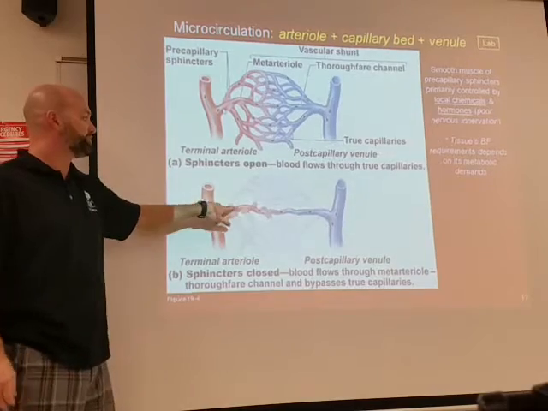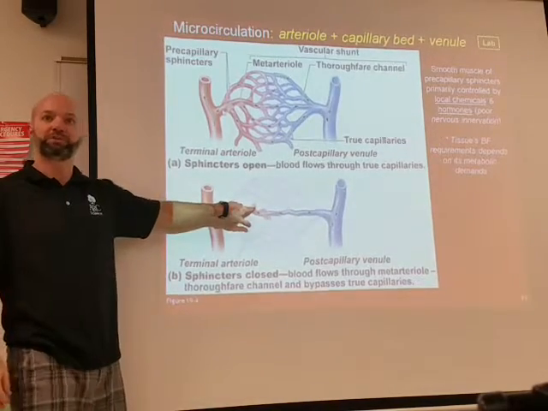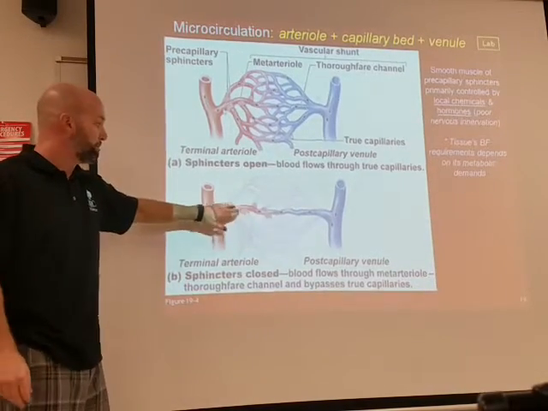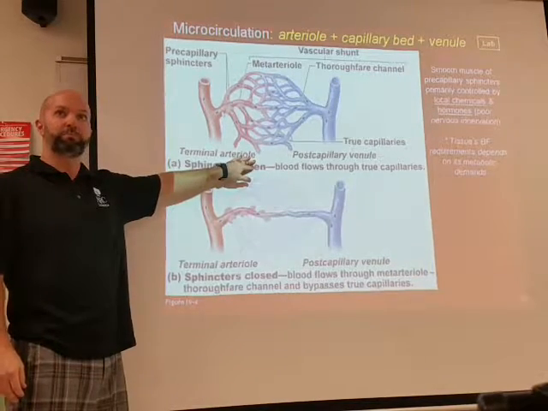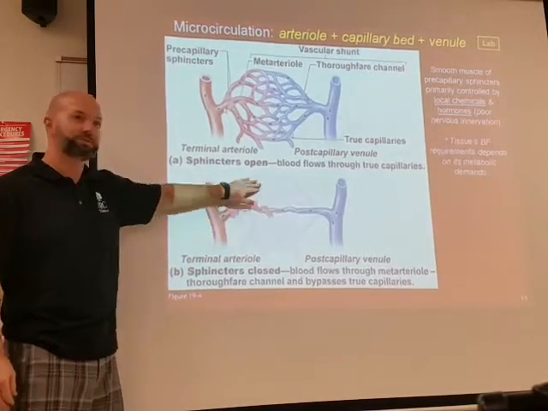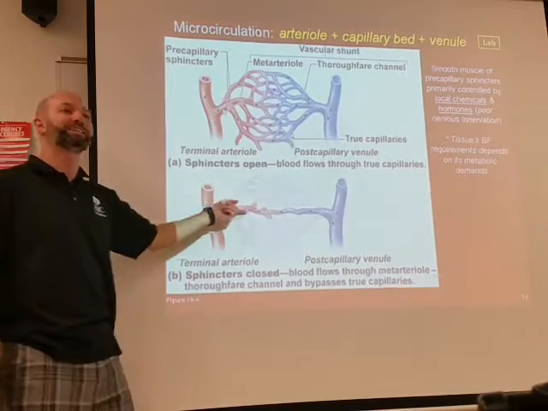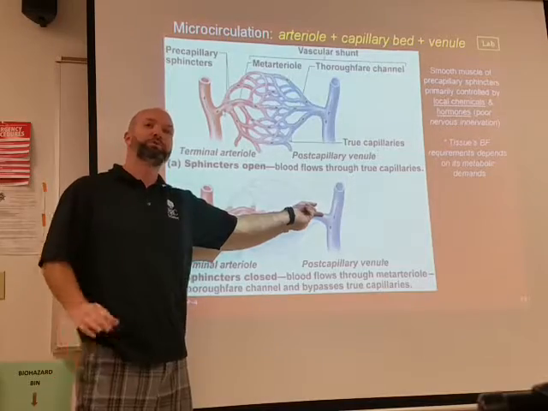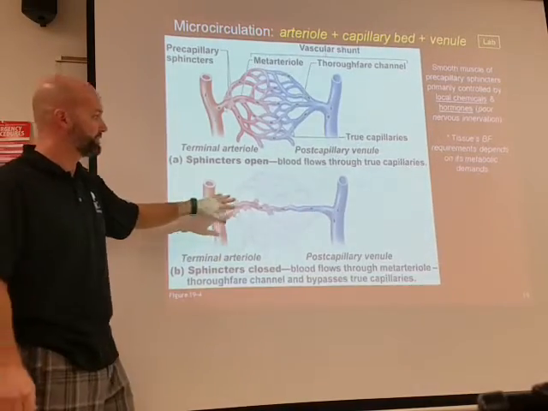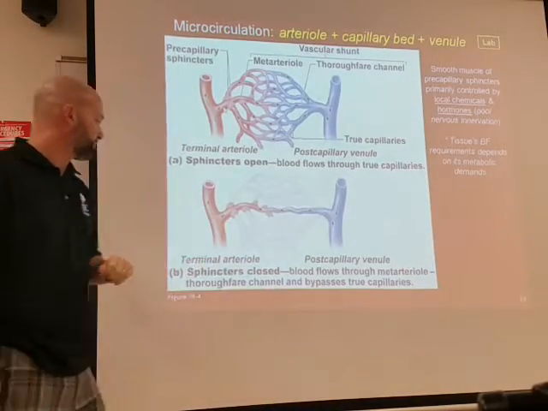If you were to contract all of those precapillary sphincters, no blood would go through the capillary bed. By that I mean the true capillaries. Instead, you would shunt it across. This would create a shunt, a bridge, a pathway going straight from the arteriole to the venule.